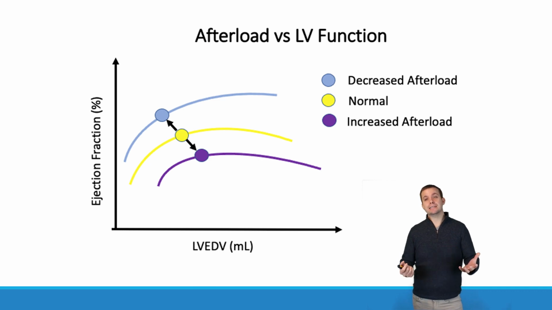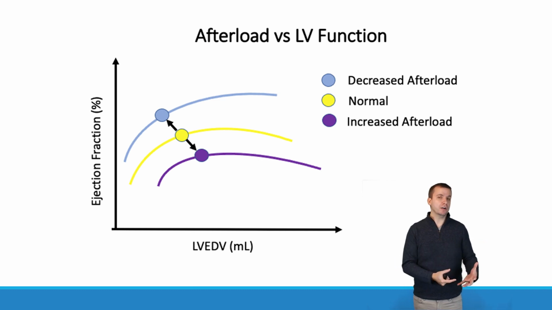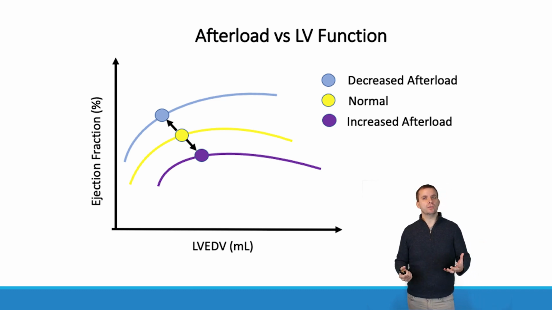Same thing, the exact same curve if you look at your afterload versus your LV function. And this is like I said before with function, that it's dependent on afterload and preload conditions. So if you change the afterload, you can really change what the EF is. I always say that the best way to treat heart failure is to give them a little bit of septic shock, because you're going to cause that vasodilatation.